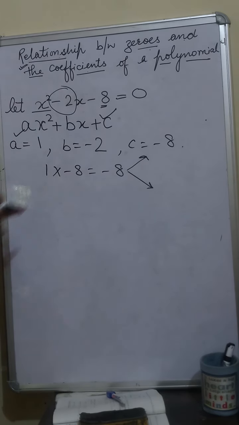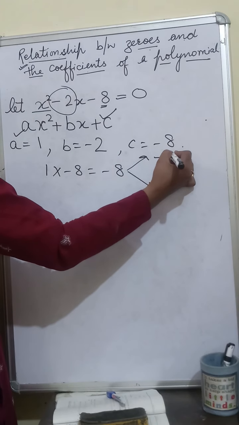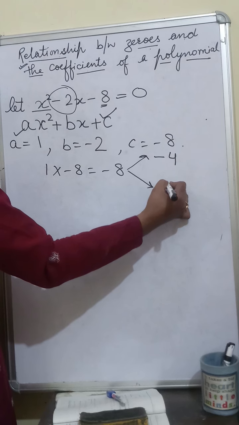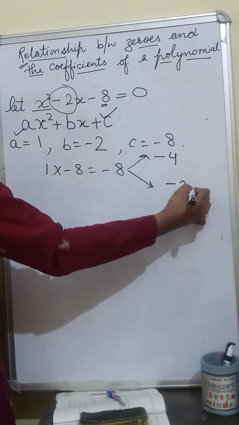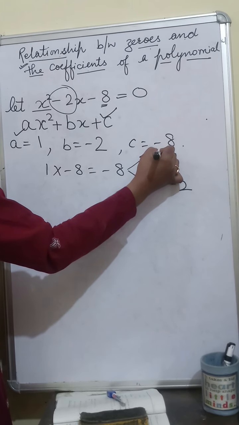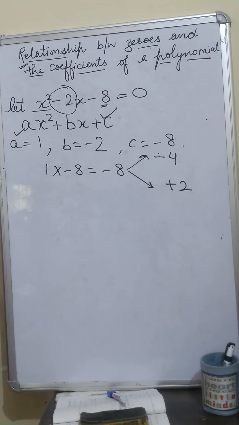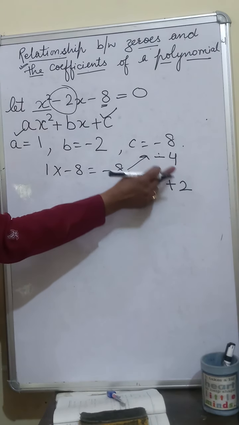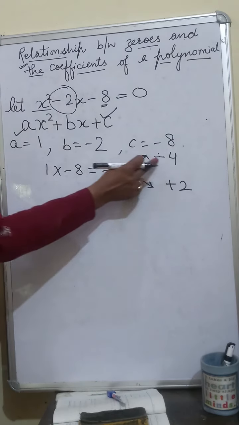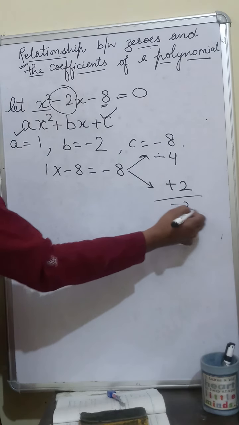So what will be the factors of minus 8 here? Minus 4 and minus 2. It should be minus 4 and plus 2. Just check out the product. Minus 4 into 2 is minus 8, and minus 4 plus 2 is minus 2.